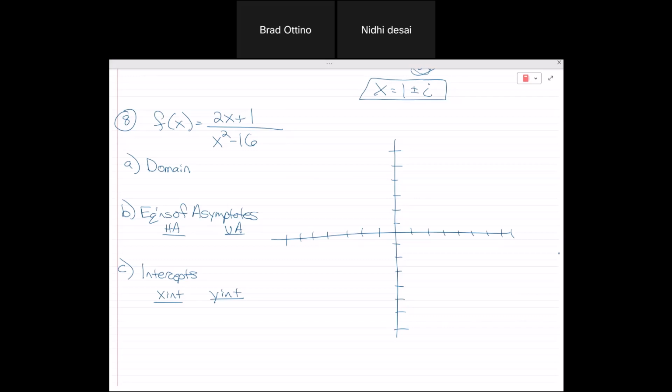So when we talked about graphing rational functions, remember we said first step is we want to see if it factors. Looks like the bottom factors, but nothing's going to cancel out with the numerator. So the next step is we find the vertical asymptotes.